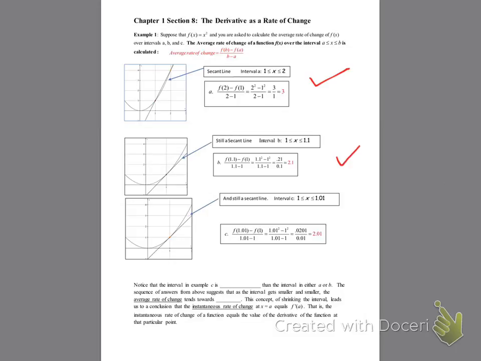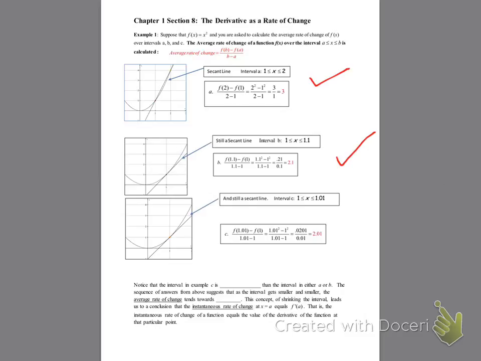Now in the next interval, they've put the points a little bit closer. Now the points are 1 and 1.1. So once again, you're going to go up from the x-axis to your 1 and 1.1, and then go across to the y-axis and establish your coordinate pairs.